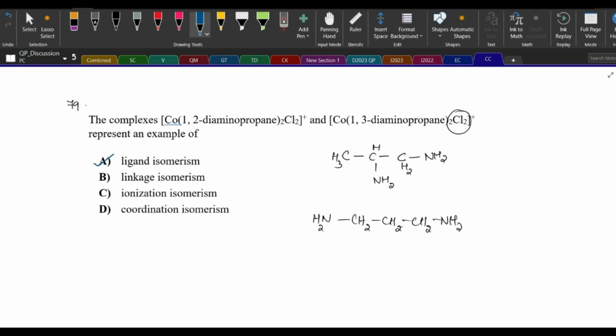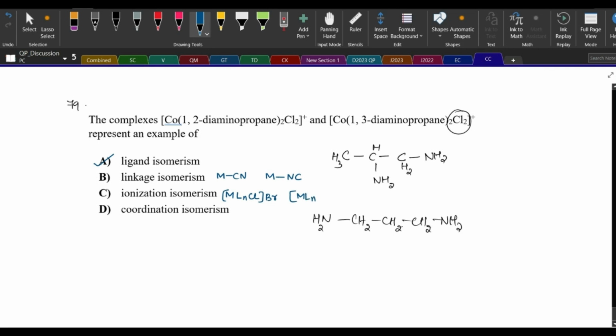What is linkage isomerism? Linkage isomerism, let's say the metal is bound to CN, and in another complex, let's say it is NC. So it is the same ligand but different linkages. That is linkage isomerism. Okay. Let's say you have a metal M with certain ligands, and inside you have chloride and let's say you have bromine.